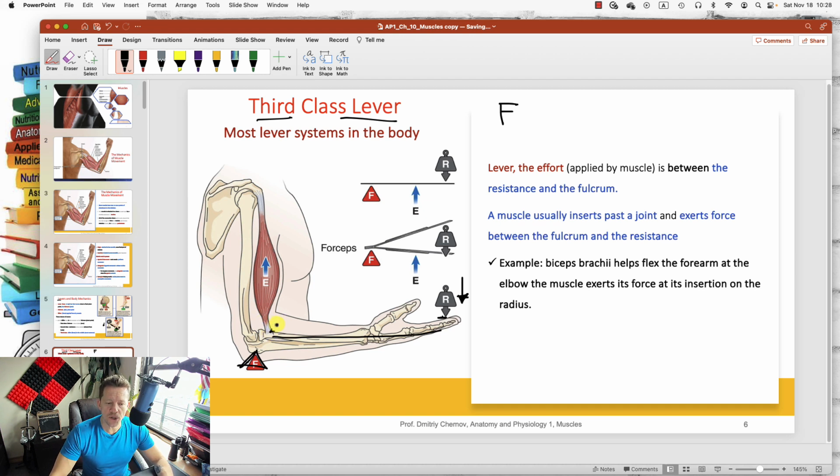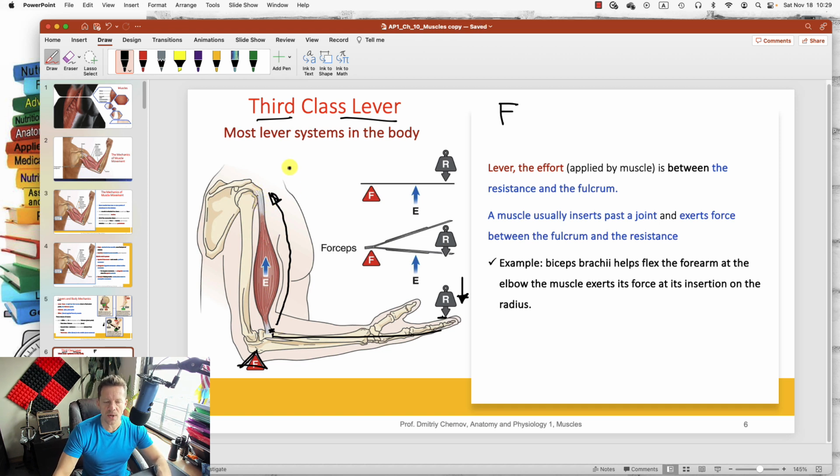The effort exerts the force towards the origin. We discussed before the differences between the insertion point and the origin point in the muscles. I will briefly remind you that the insertion point is the more movable part of the body and the origin is the less movable part of the body.